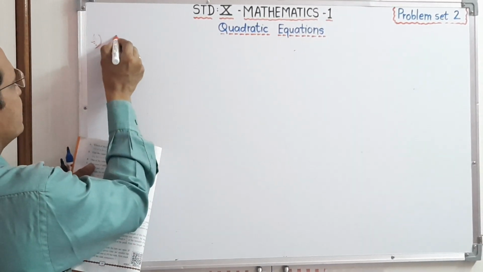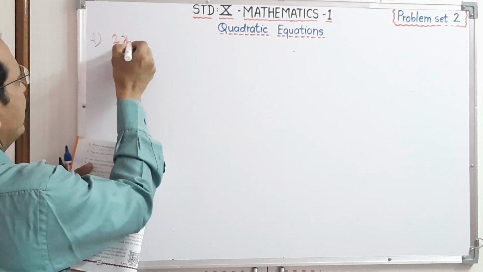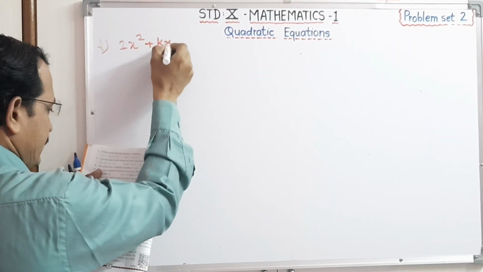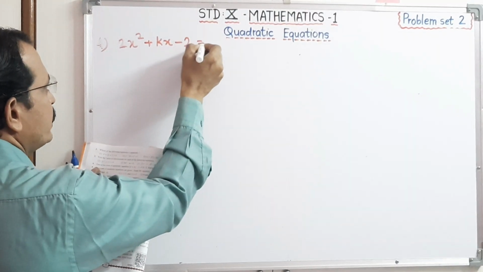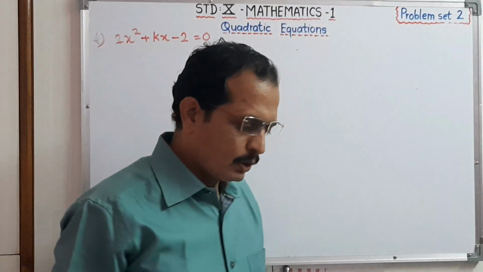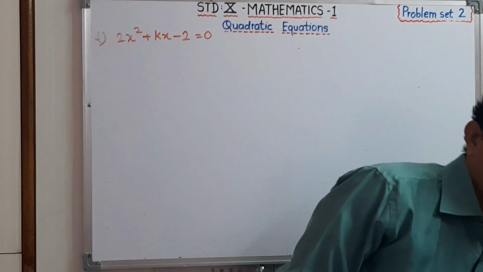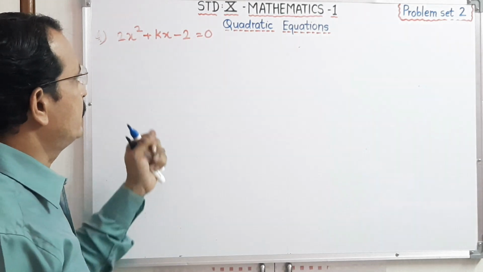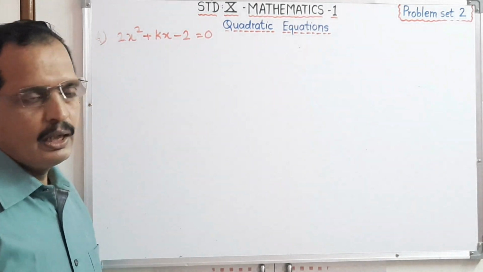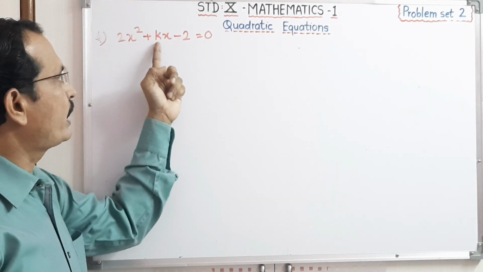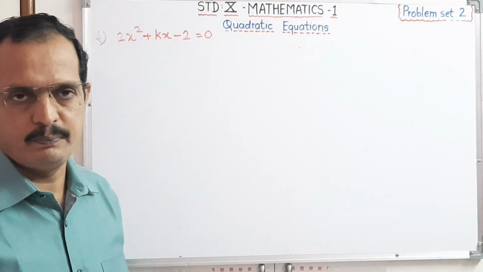Here one equation is given, 2x square plus kx minus 2 equal to 0. All of you know that a quadratic equation has 2 roots. Out of those 2 roots, one root is given, that is minus 2. And by using that property, we have to find the value of this k.